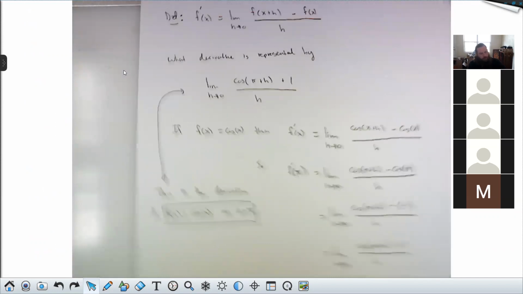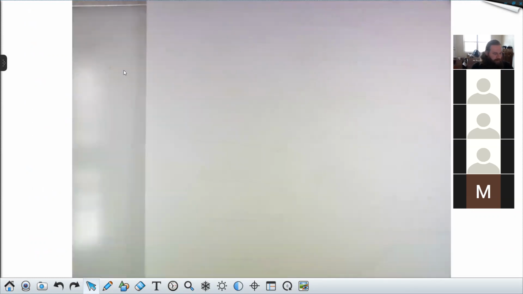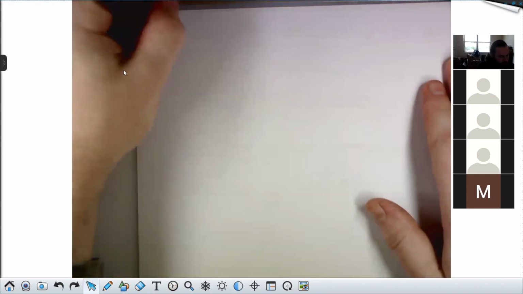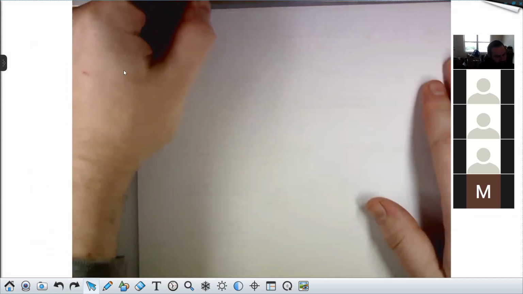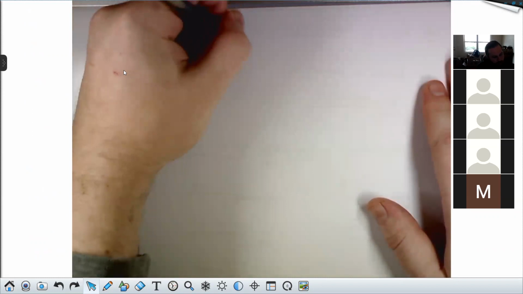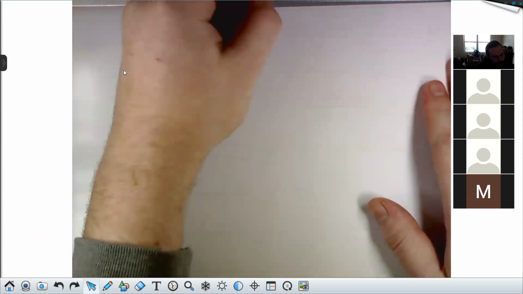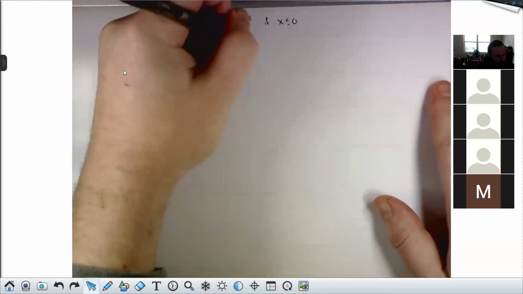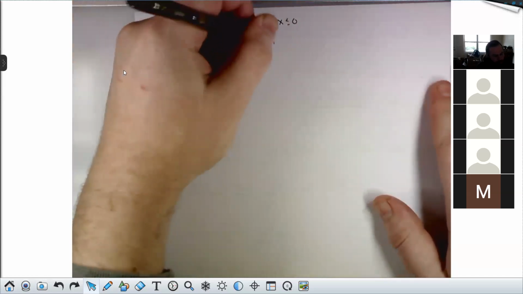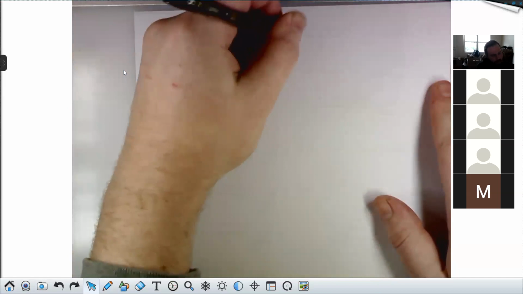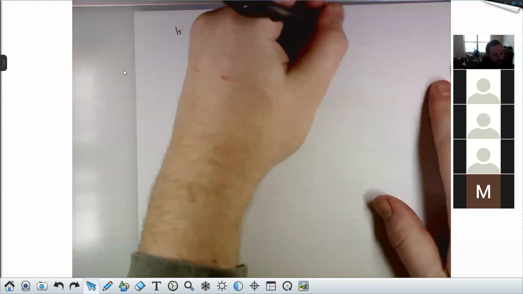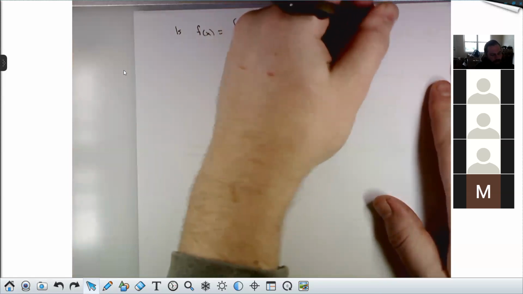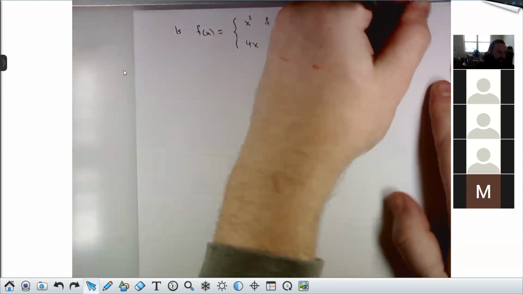Well, yes, I certainly could ask you, is this function differentiable at this number? I could ask, is f of x equal to x squared if x is less than or equal to 0, and 4x if x is greater than 0, differentiable at x equals 0.